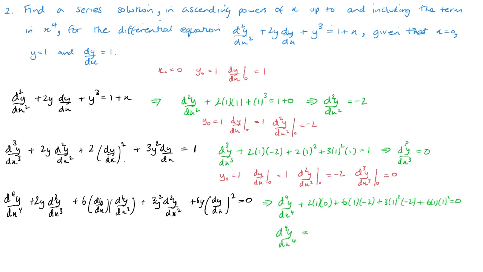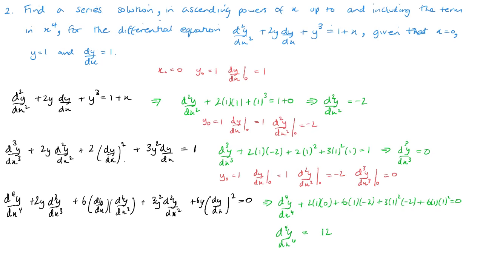So minus 12 minus 6 is minus 18, plus 6 is minus 12. And that's minus 12 on the same side as the equals 0, so d4y by dx to the power 4 is going to equal 12. So those are my values.